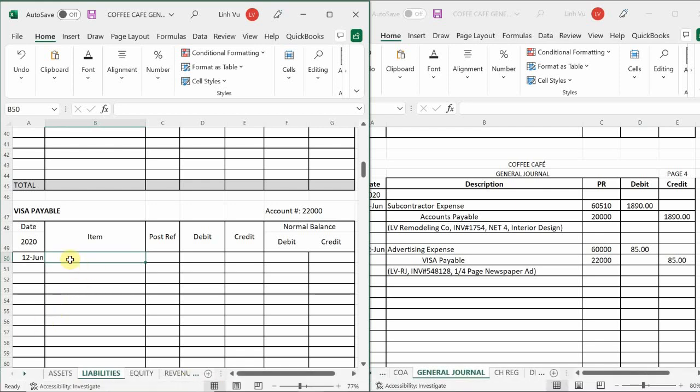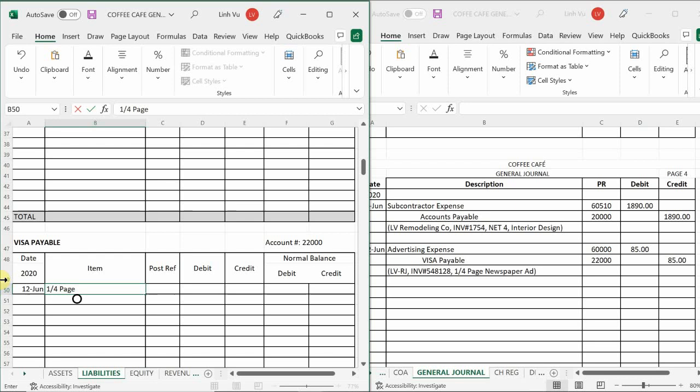Now, you could put the vendor's name in there if you want to. But in this case, I'd rather use it to make sure that we know exactly what we bought. So I bought a 1/4 page newspaper ad. On my credit card statement, it should tell me that I charged it on this day at the Las Vegas Register, and the transaction number.